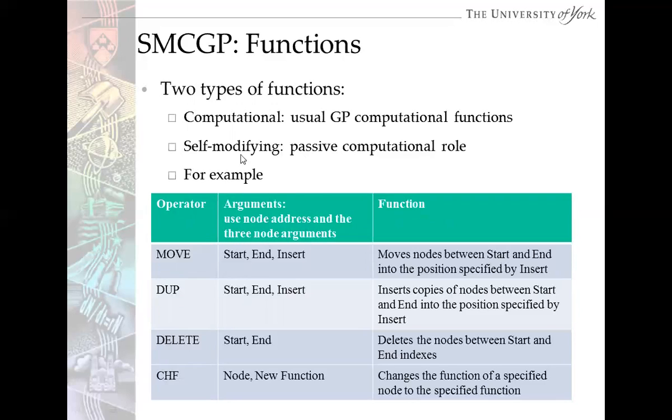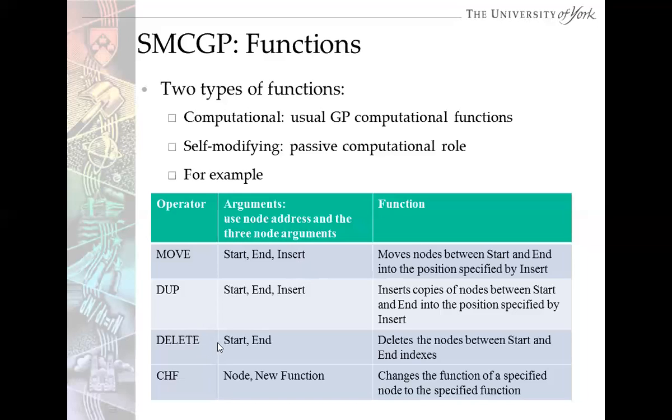But if they're self-modifying, they use their parameters, and here's a small list showing you some of the functions you might have. So you might have a self-modifying instruction called move, which takes the nodes between the start argument and the end argument out and moves them into the position specified by the insert argument.